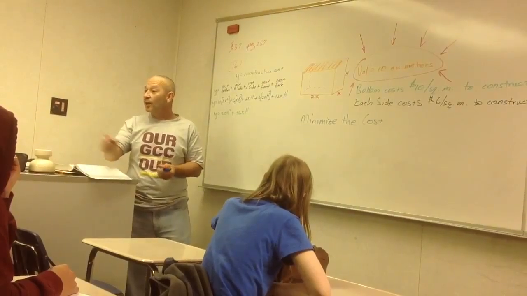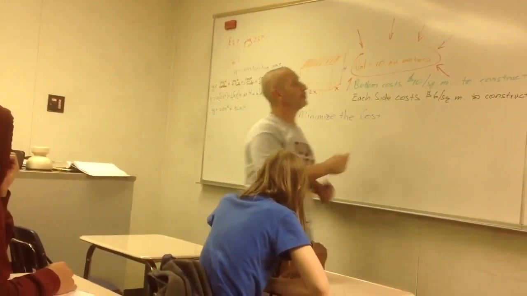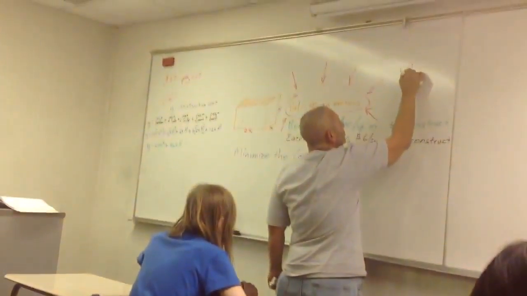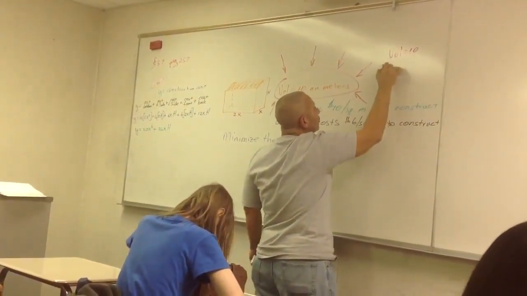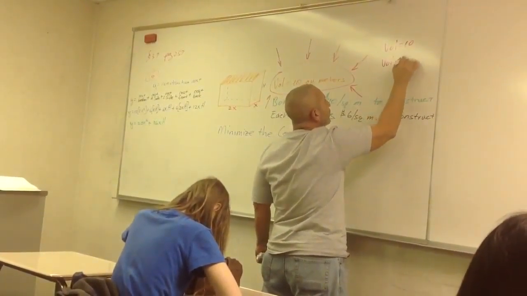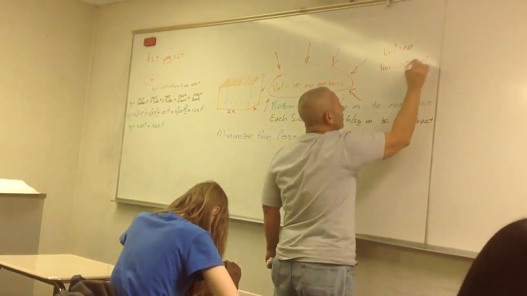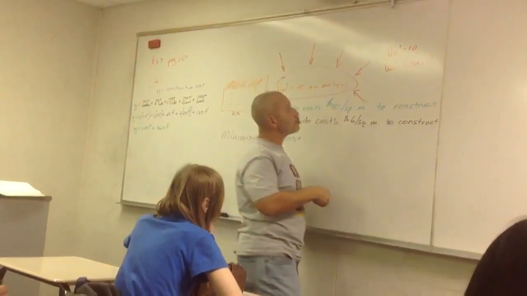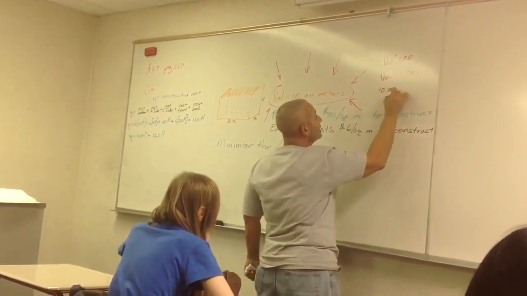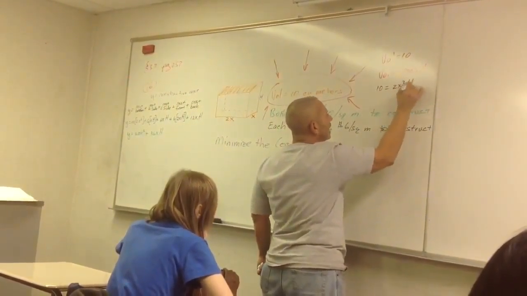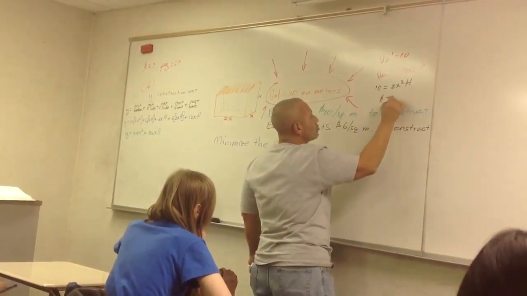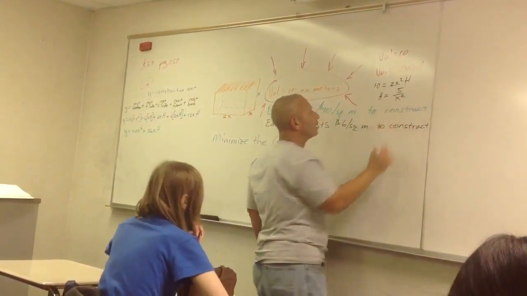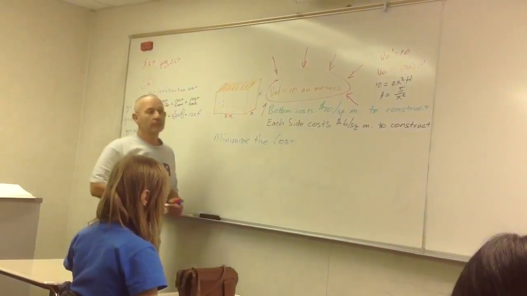The volume, look at that. They told us that the volume is 10. Well, the volume is 10, but we also know that the volume is x times 2x times h. So if we make a little substitution there, 10 is equal to 2x squared h, or in other words, h is equal to 5 over x squared, isn't it?